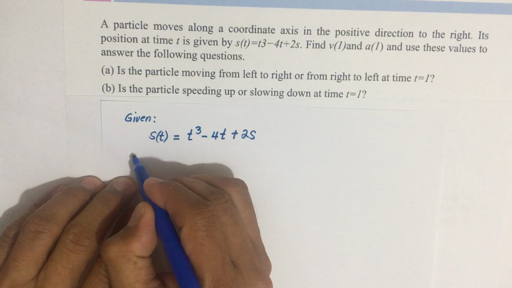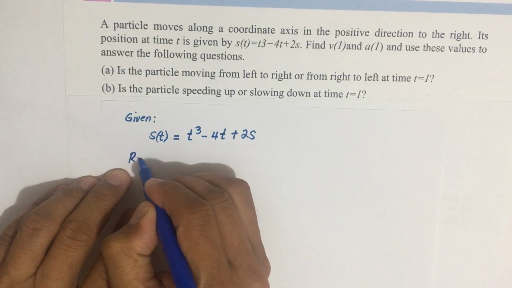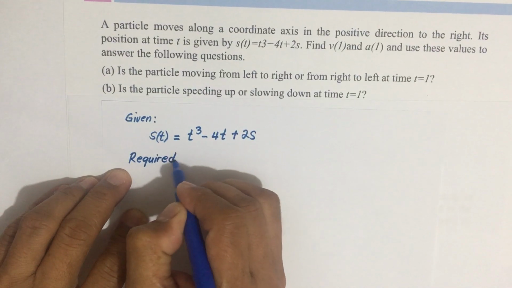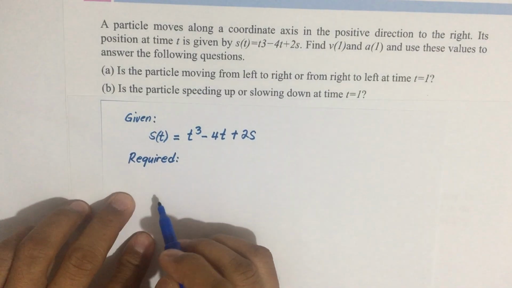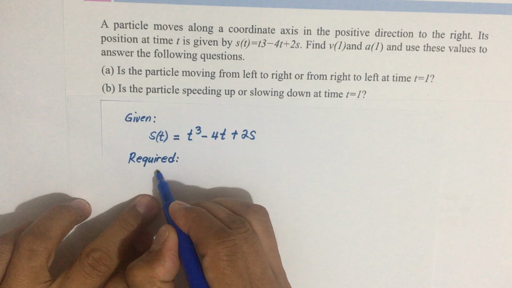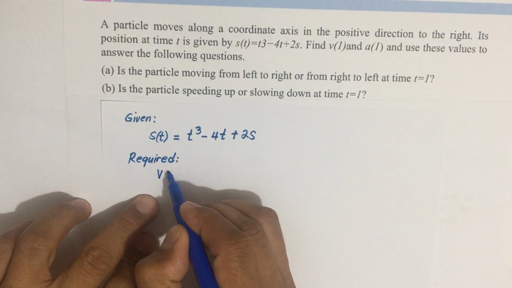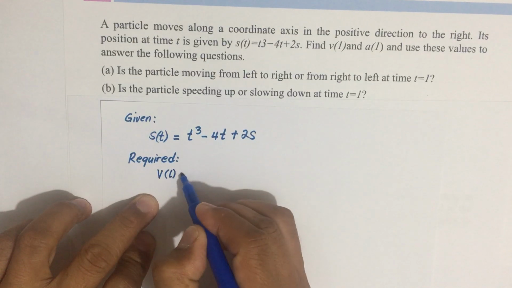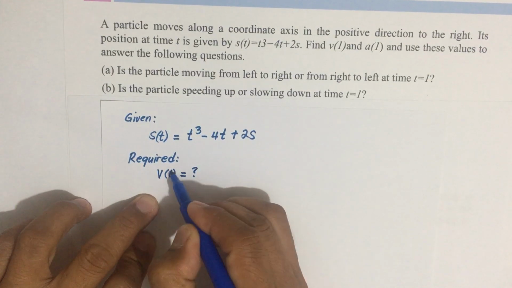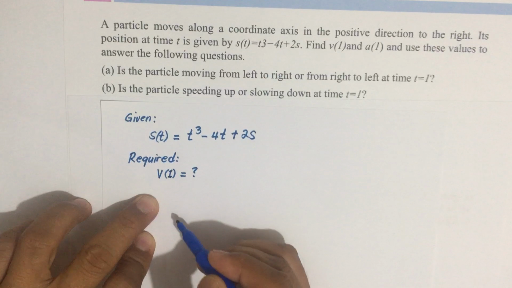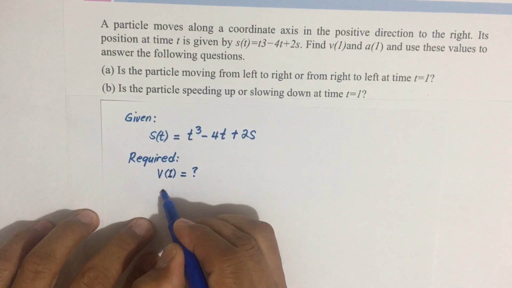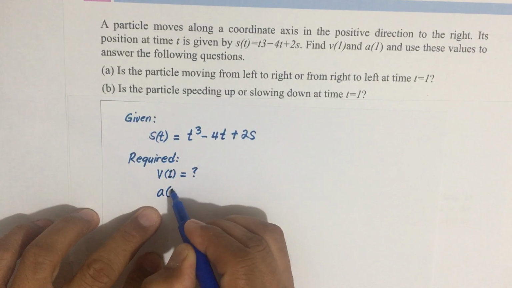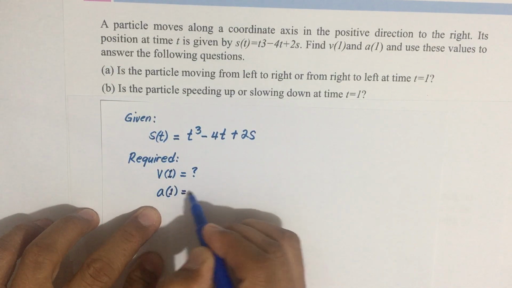And we are required to find the value of the velocity when t is equal to 1, and also the value of the acceleration when t equal to 1.